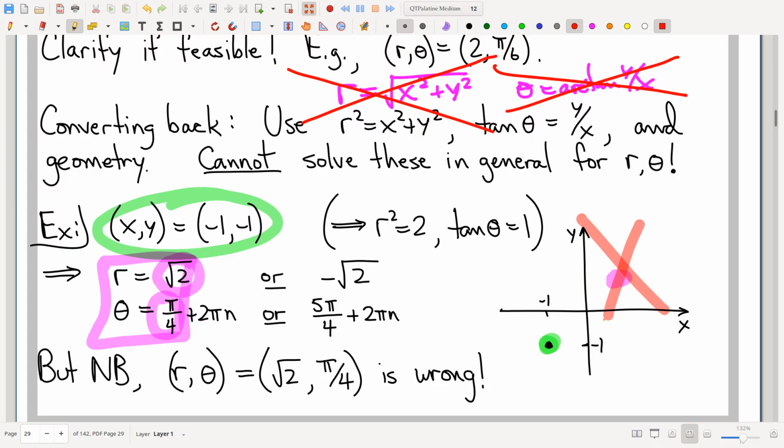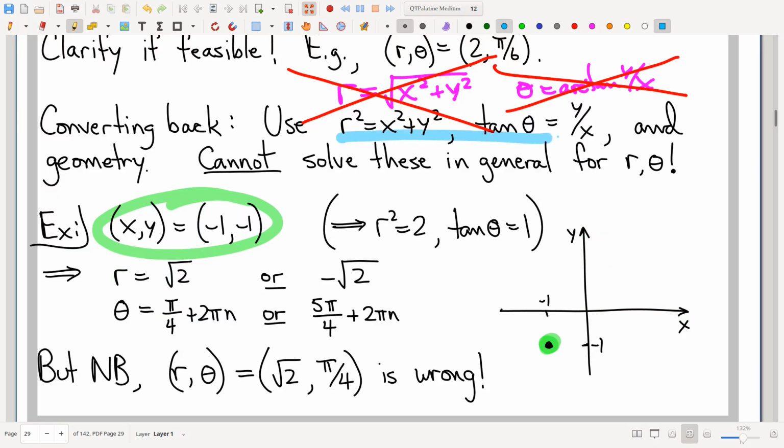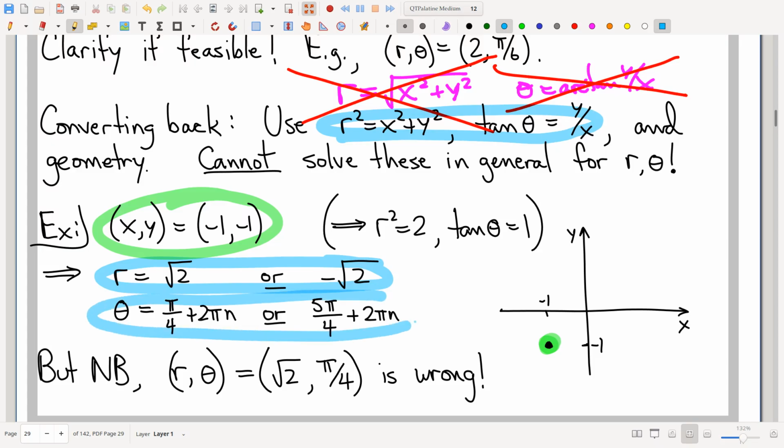So what you have to do instead is use the valid formulas combined with an appropriate consideration of geometry. So these formulas give you these two options for R. I don't know which one; it could be either. It gives you two options for theta. Again, I don't know which one, it could be either. And then with those options in mind, think about the geometry of the situation.